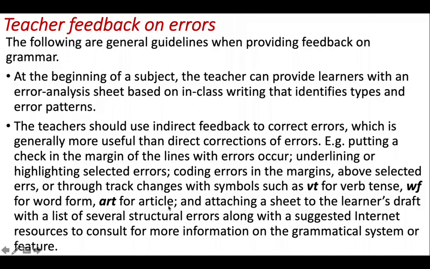Do you understand? As long as you have taught them these symbols, they need to know these symbols, and when you use them in their writing, they know what they need to work on. Also, you can highlight or underline the error, and then they can work on that error.